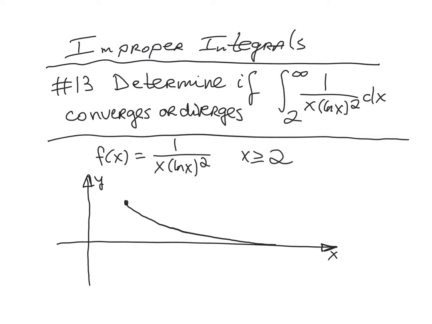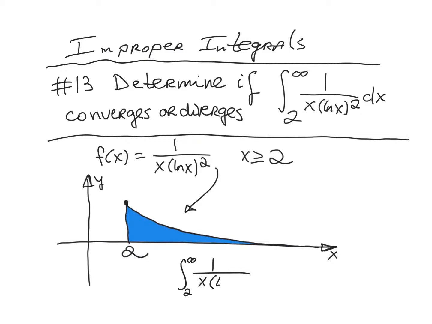It drops toward the x-axis as we move to the right and runs above the x-axis very close to it. This is the graph of this function from 2 to infinity, and the integral represents the area enclosed below the function above the x-axis after 2.